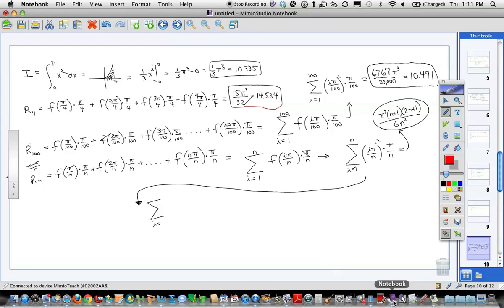So I got sigma. I'd have, what's that? i squared pi squared times pi. What's that? i squared pi cubed over the bottom n squared times n, be n cubed.